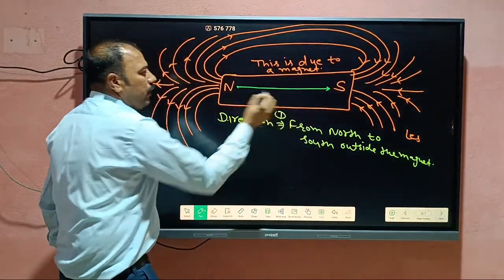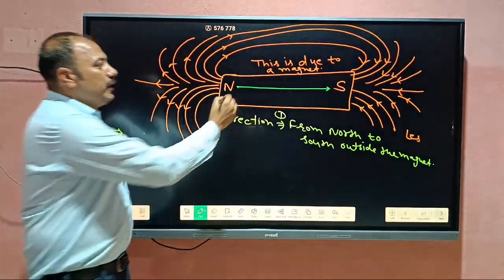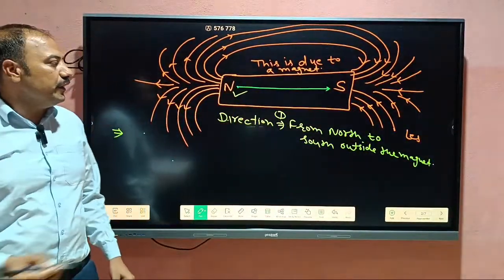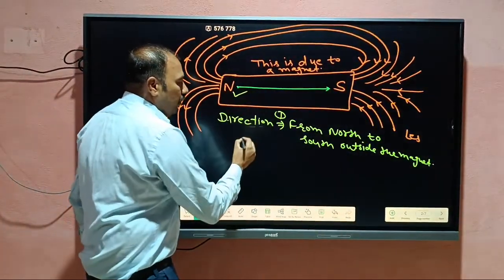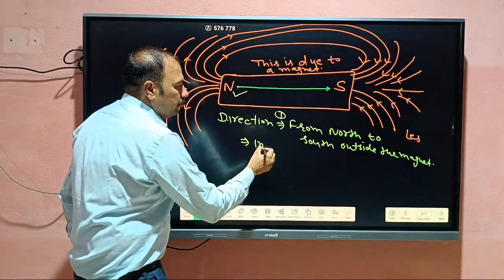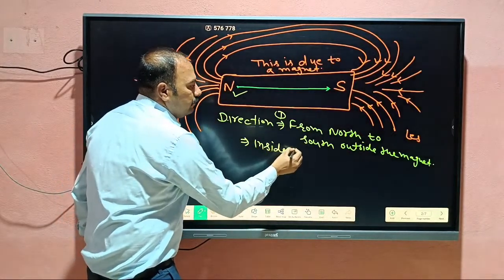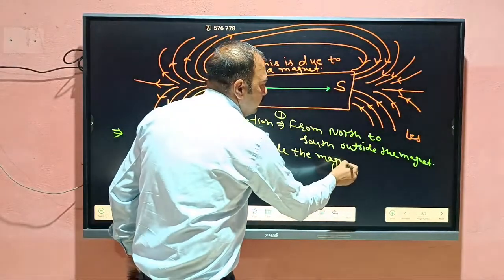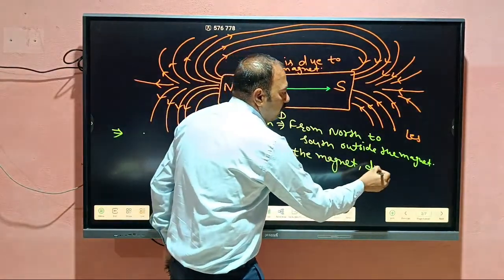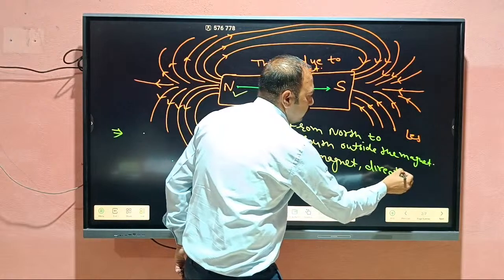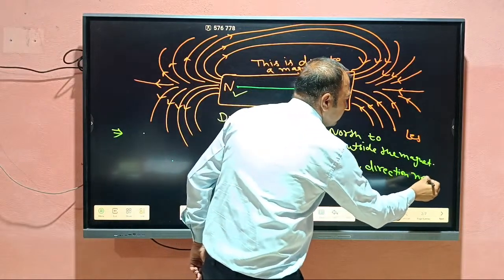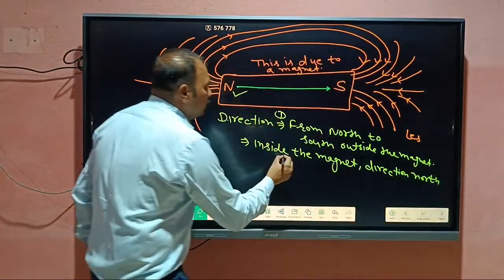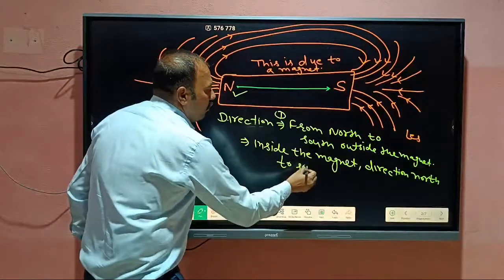This is the first point, and the second point: inside the magnet, the direction is from south to north.